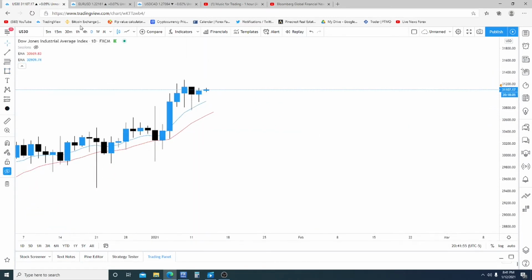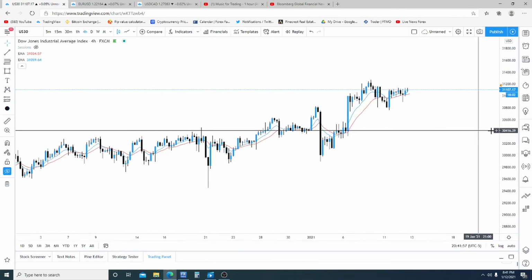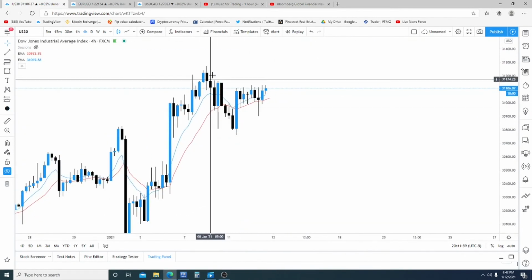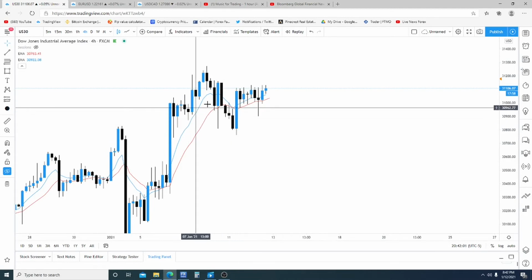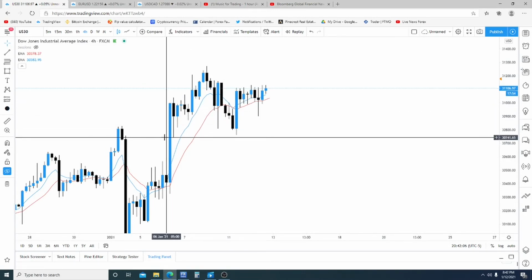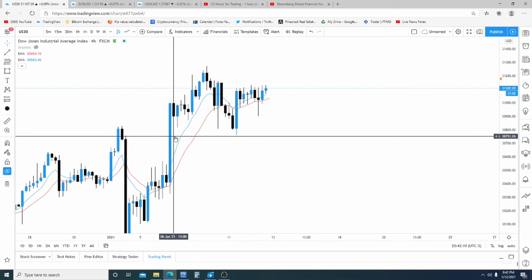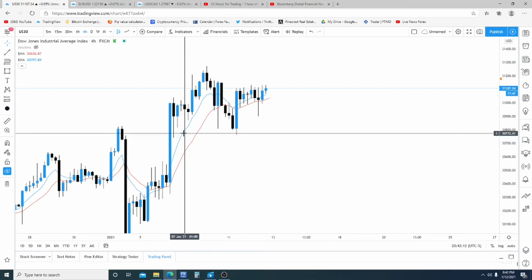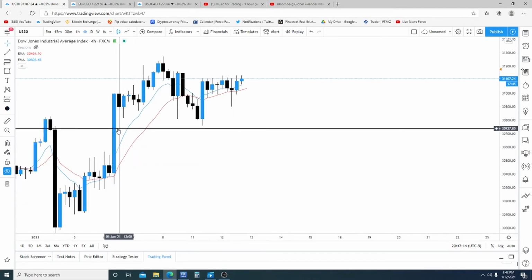Looking at it, price came back down, broke previous structure lows, but didn't break this low. This was the lowest low. Price came in and rejected.